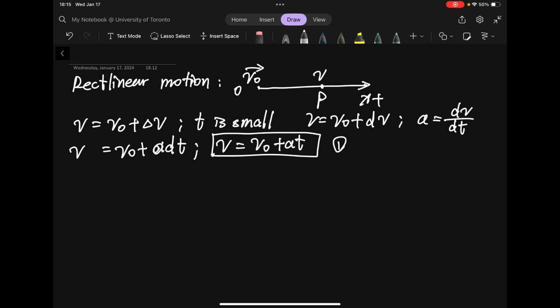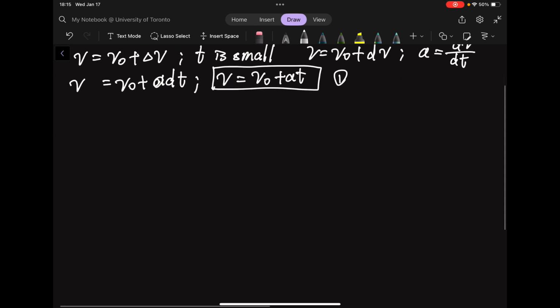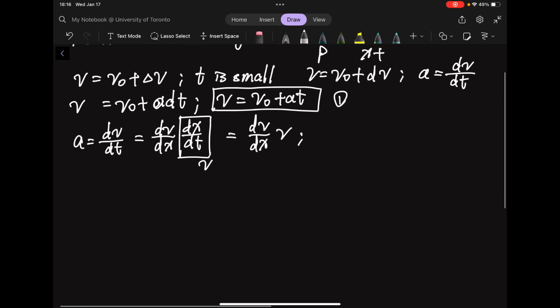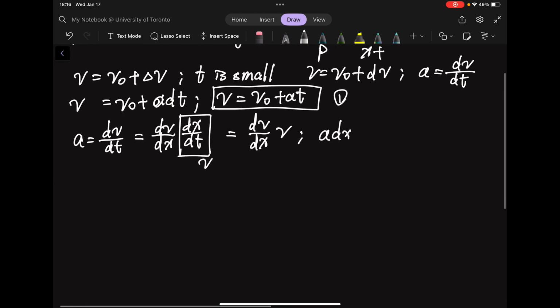Equation number 2 comes from the definition of acceleration. We can expand it by the chain rule. We find dx over dt is equal to V itself. So we have A dx equal to V dV.